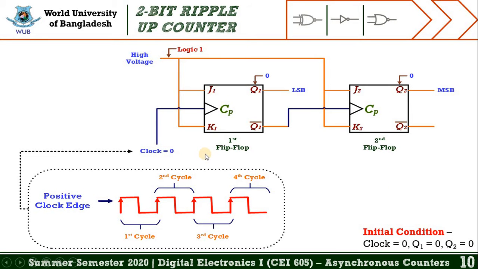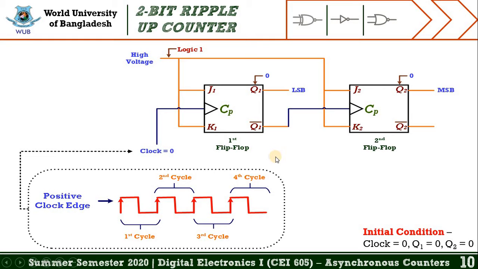Well, this slide represents the initial condition of the 2-bit ripple up counter, which means the value of the clock is 0. If the value of the clock is 0, in that case the first flip-flop as well as the second flip-flop do not activate.